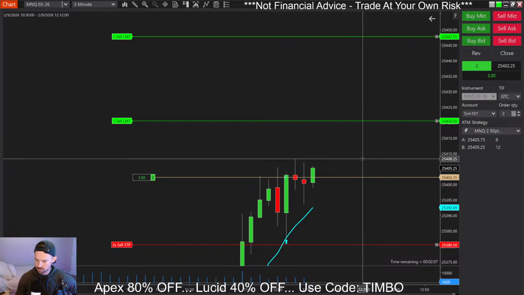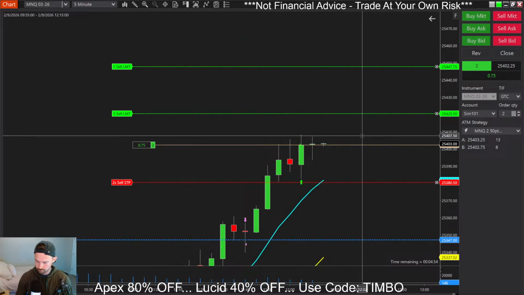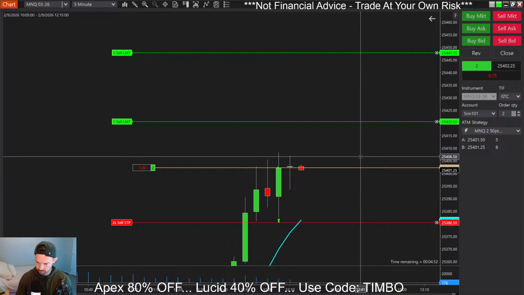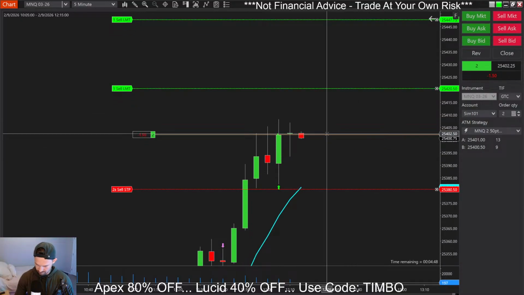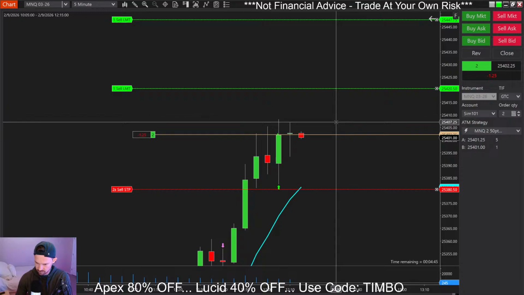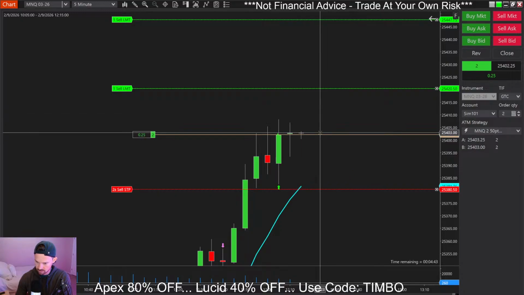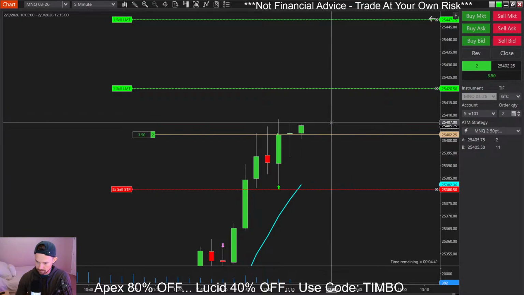We're close. Come on, Nasdaq. A little red to green move there on the 5 minute. All right, new 5 and new 10 minute here. Little inside bar. See if we can pump it.